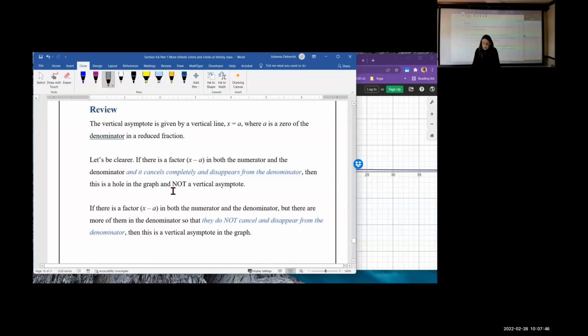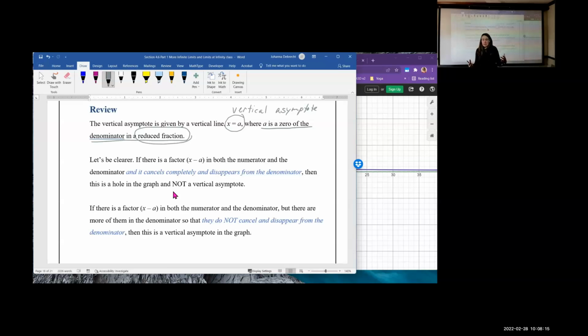All right, so how do you know that you have a vertical asymptote? You have a vertical asymptote at x equal a, where a is a 0 of the denominator that does not cancel. So a is a 0 of the denominator in a reduced fraction. So in other words, it doesn't cancel and disappear. If it cancels and disappears, it's a hole in the graph, not an asymptote.